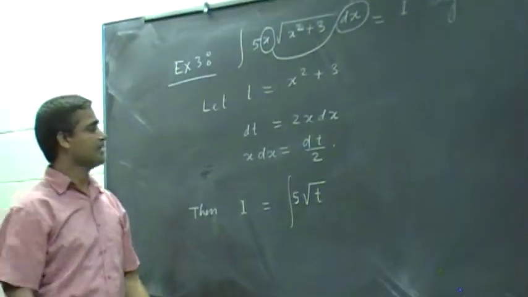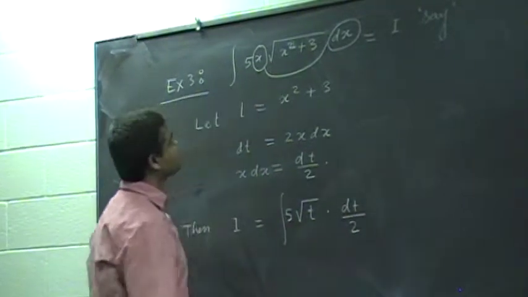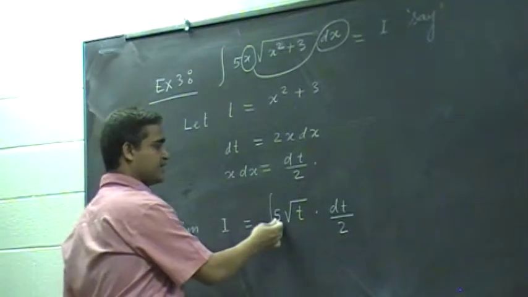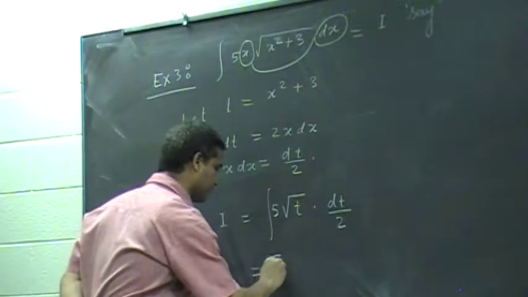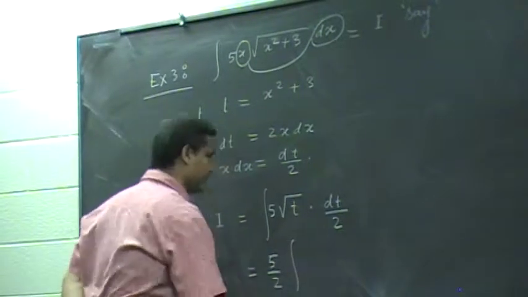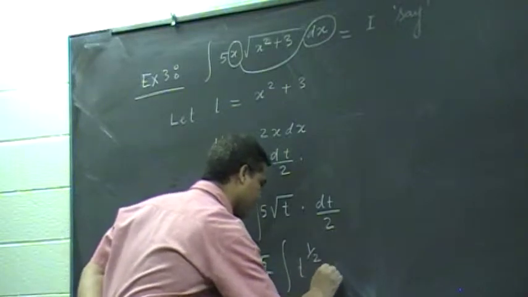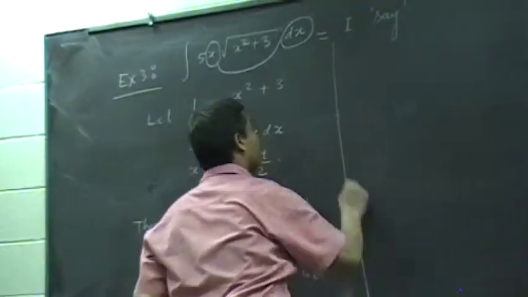Good. Okay, 5 is in the numerator, 2 in the denominator. Let me pull out of the integral sign: 5 over 2 times the integral of square root of t, which is the same as t to the half, dt.